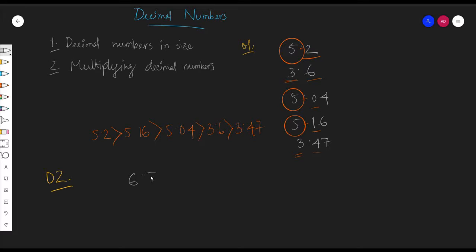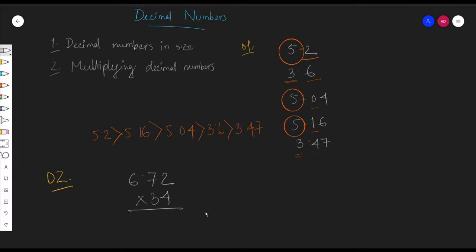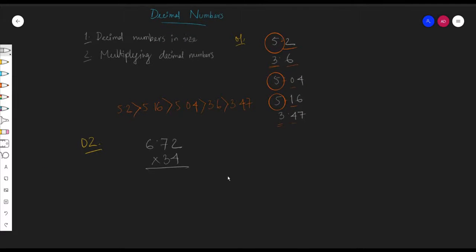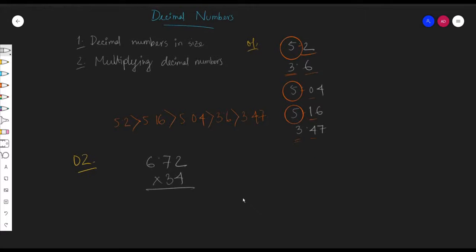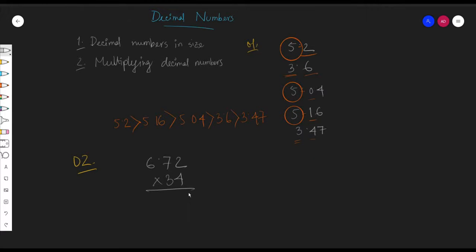Like 6.72 times 34. While multiplying this value, we will just multiply as normal: 4 2s are 8, 4 7s are 28, and we have 2 in hand, so 4 6s are 24, and 2 is 26.